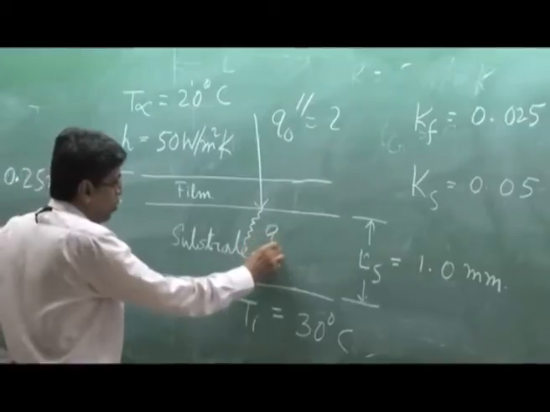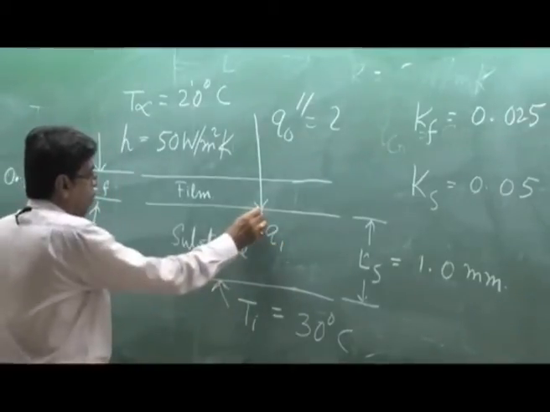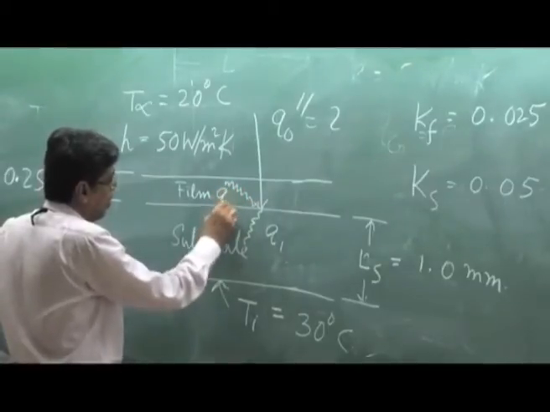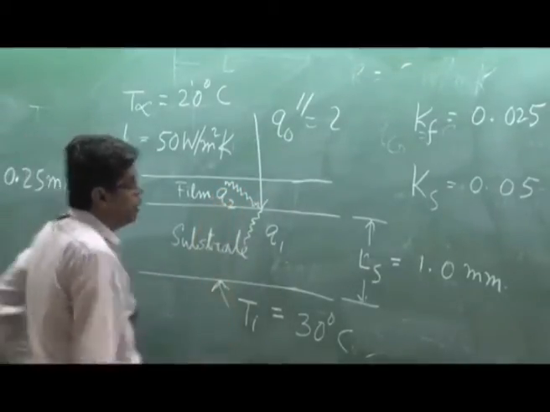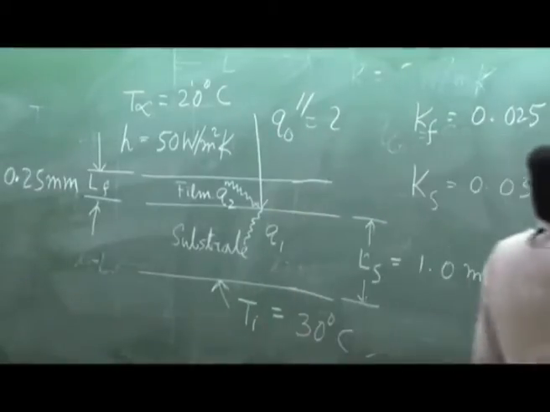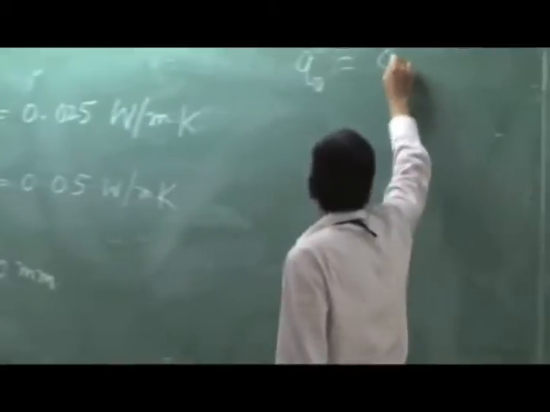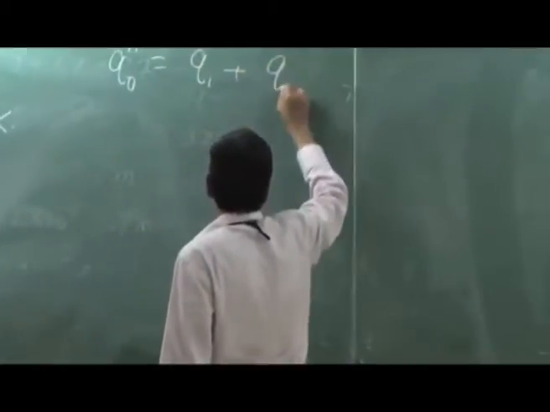Let this be Q1, and a part of it is going through this. Let this be Q2. That means Q0 double dash is equal to Q1 plus Q2.